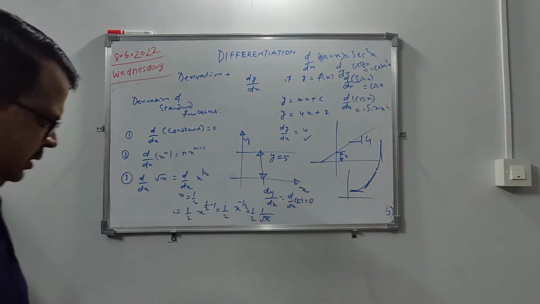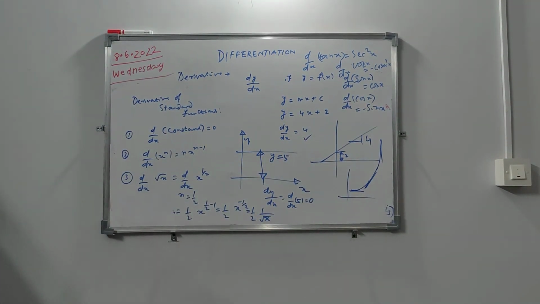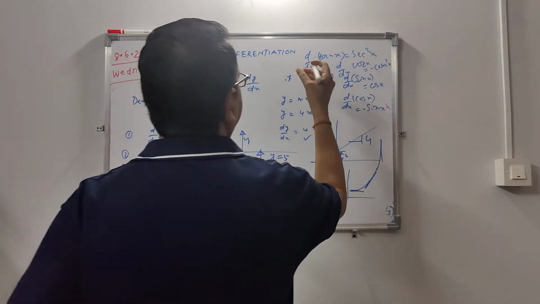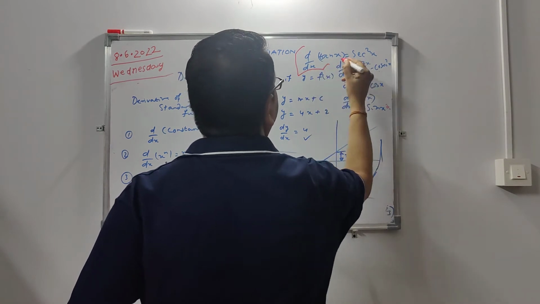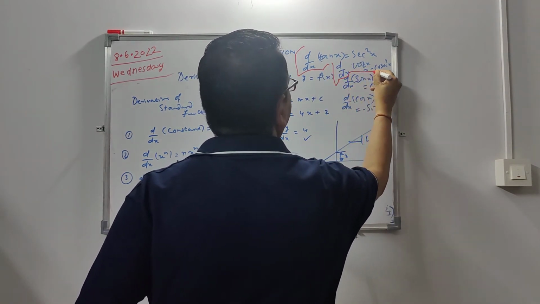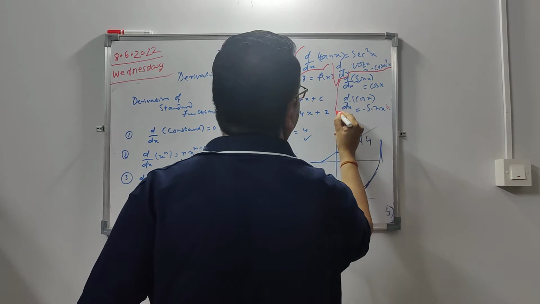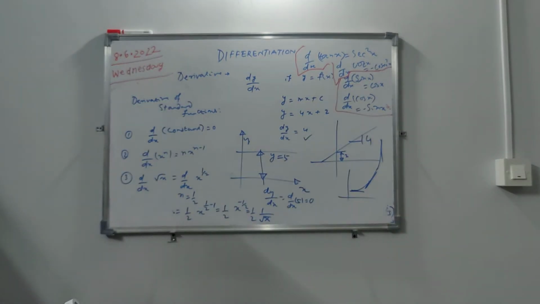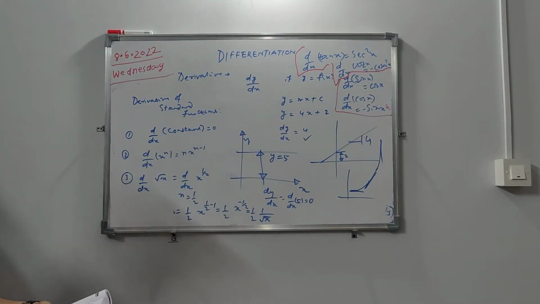So this is tan x and this is cot x, right? These are tan x and cot x.